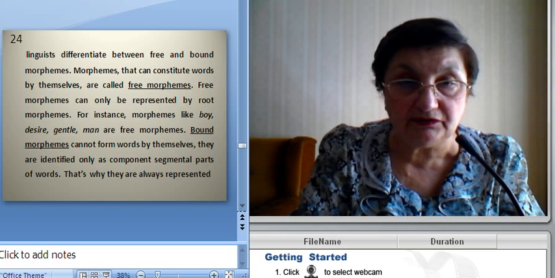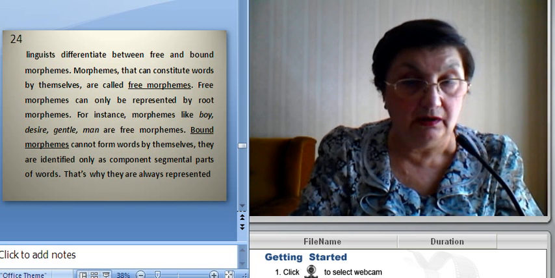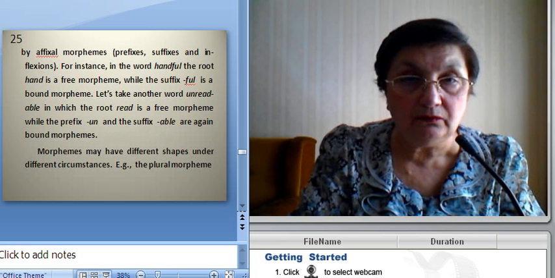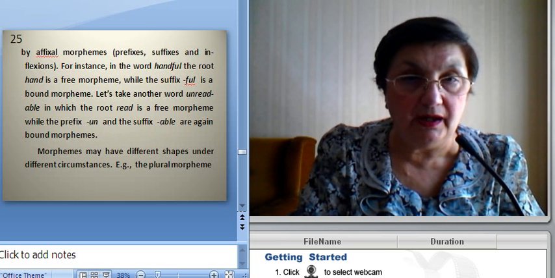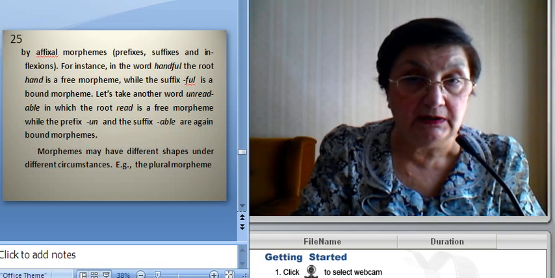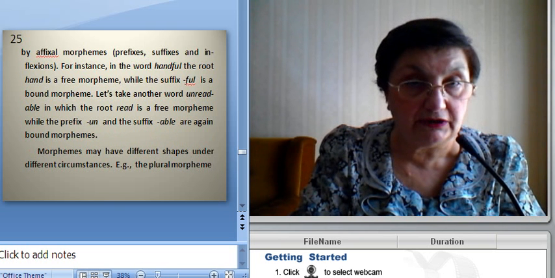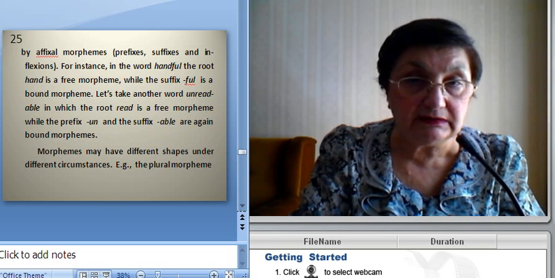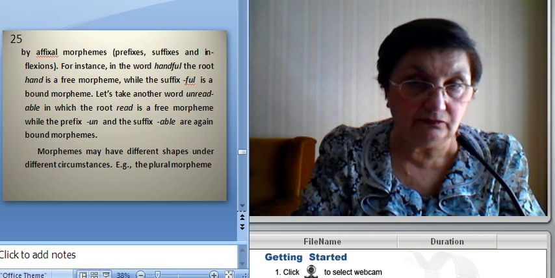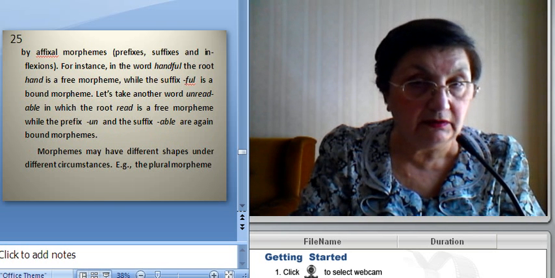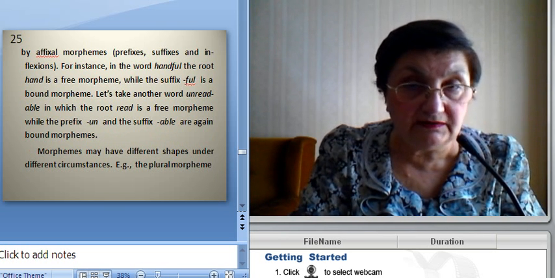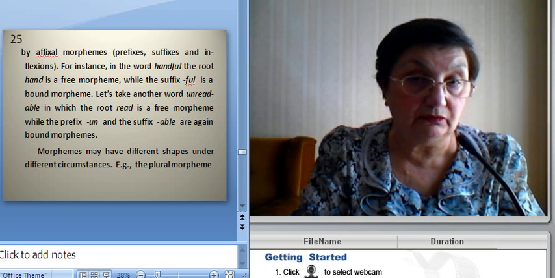For instance, in the word handful, the root hand is a free morpheme, while the suffix ful is a bound morpheme. Let's take another word, unreadable, in which the root read is a free morpheme, while the prefix un and the suffix able are again bound morphemes.